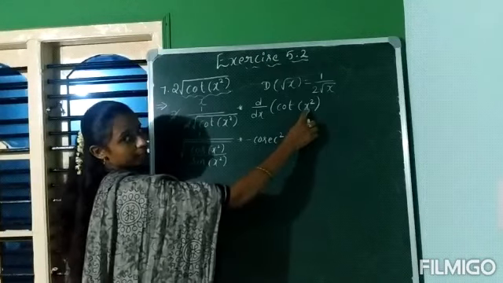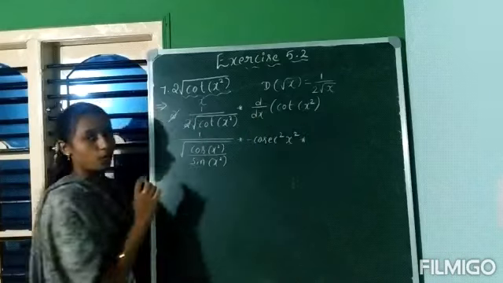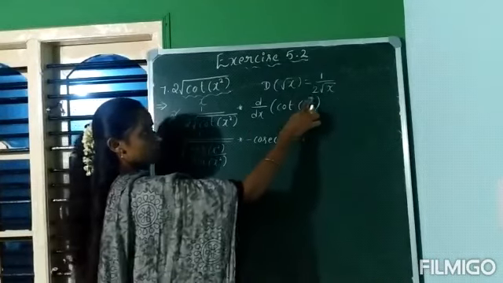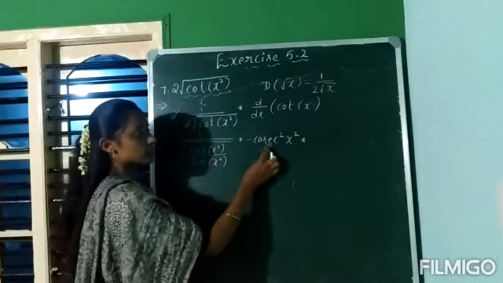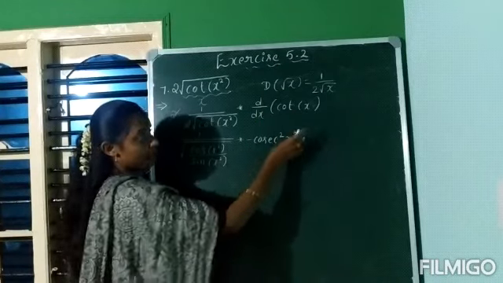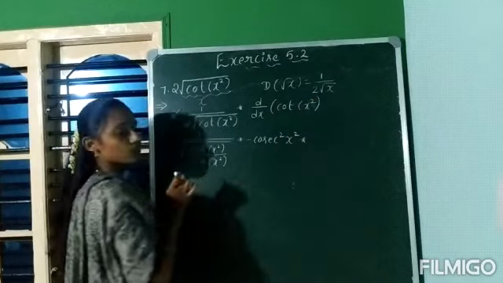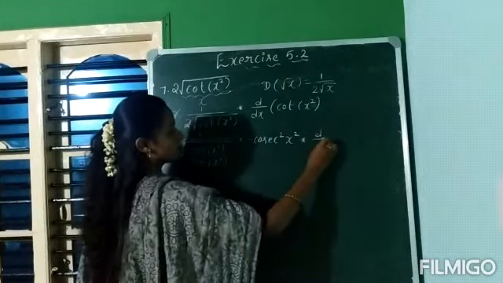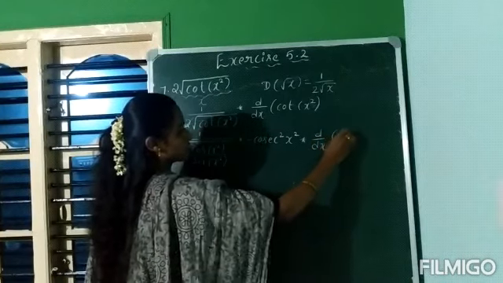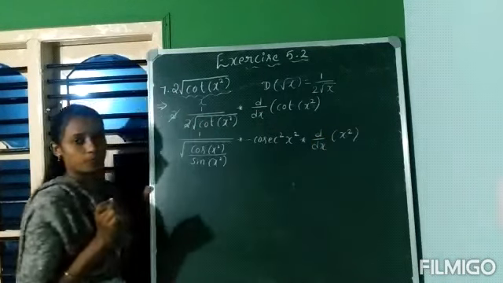Again you need to differentiate this because this is a composite function. If it is only cot x, you can write it as minus cosecant square x. But it is a square, hence you need to consider this a composite. Therefore, you need to differentiate again that inner function, x square.